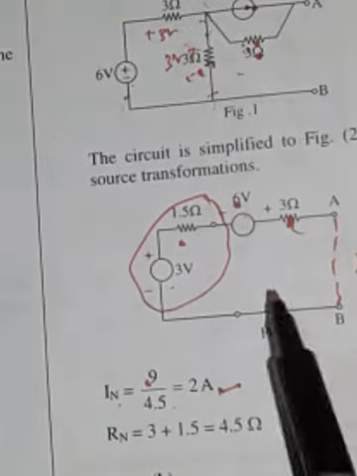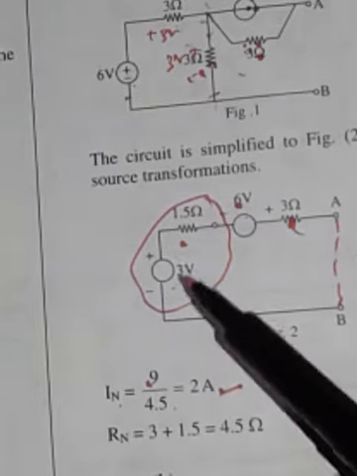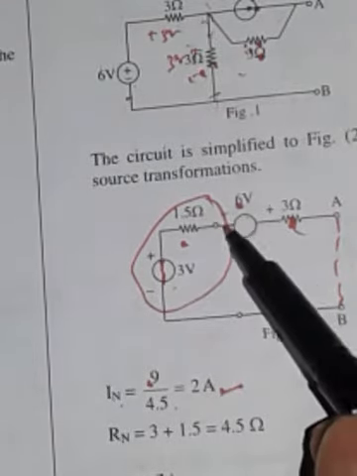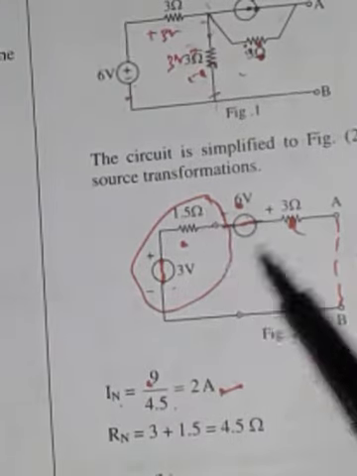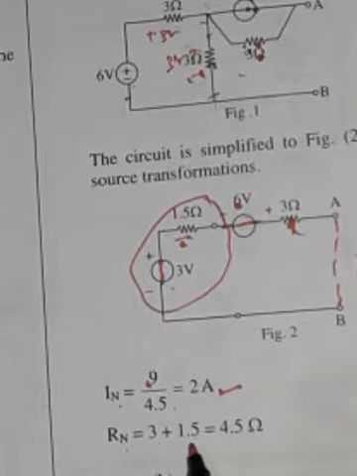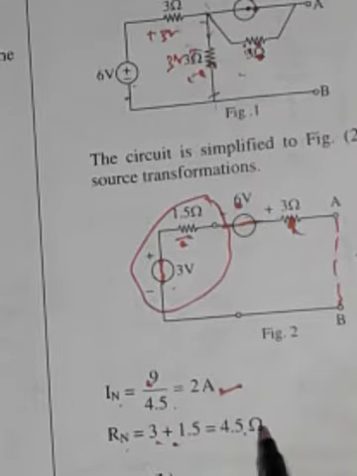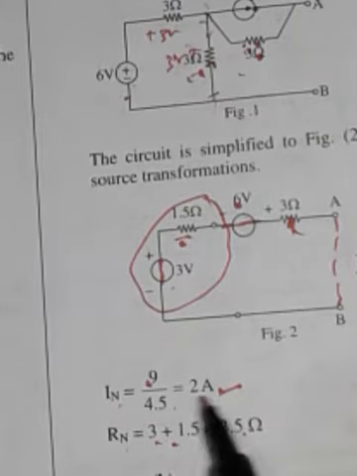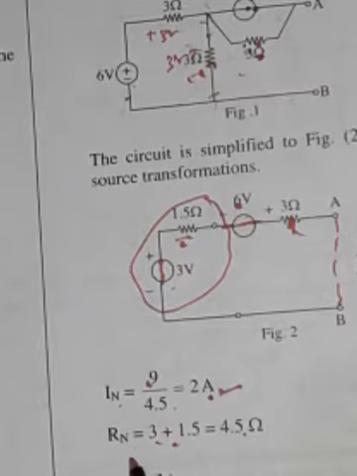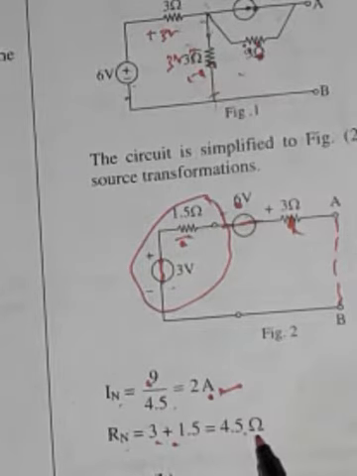For the equivalent resistance, we short circuit the voltage sources, so Rn is equal to 3 plus 1.5, which is 4.5. So the Norton equivalent is a current of 2 ampere with Rn equal to 4.5 ohm.